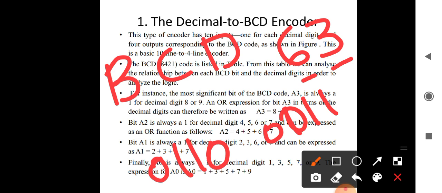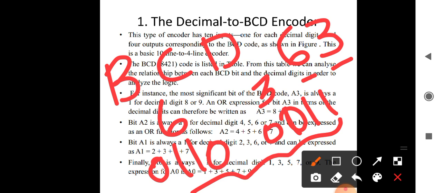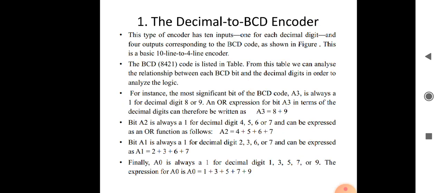Like this we can code 6 and 3, that is 0110 0011. So this is the BCD representation of 63. This is the binary coded decimal value, that is, the decimal value is being coded in binary. So we call that the binary coded decimal.